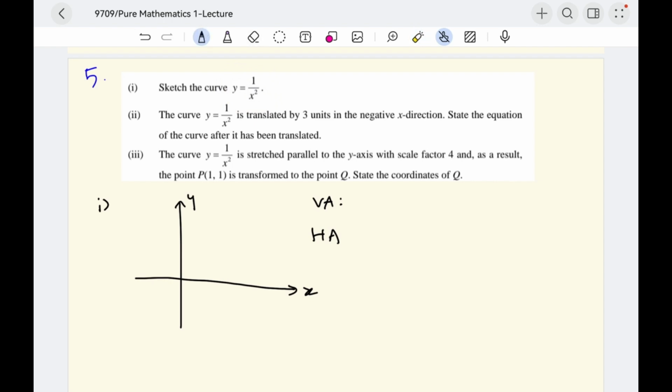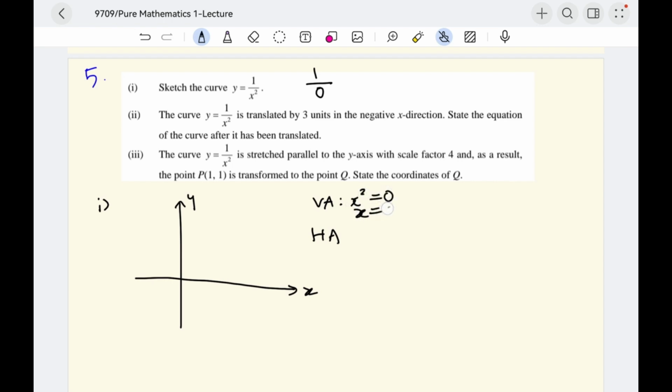As you know, you can't divide 1 by 0. Because if you divide by 0, you will get infinity. That is undefined. We don't know what the value of infinity is, right? So equate the denominator to 0 to get it.